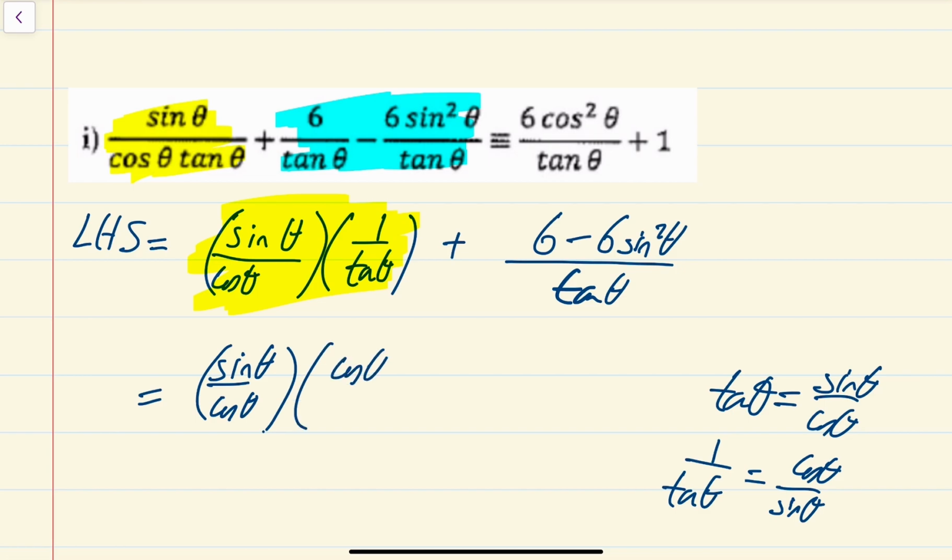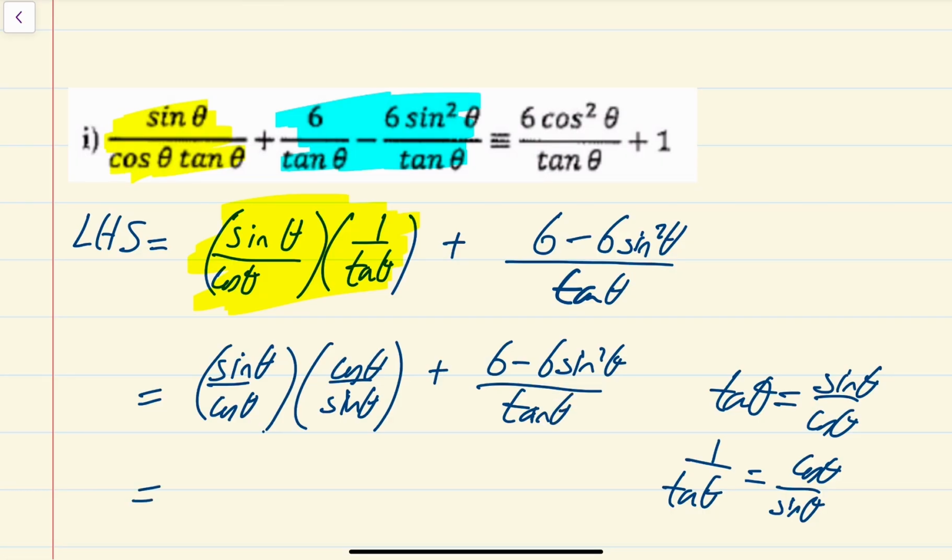Here, sine and the sine cancel out, cos and the cos cancel out, and that just leaves you 1 over 1 times 1 over 1, which is just 1. Now leave this alone. This is sacred because you've got a 1 in your answer, so you don't want to be messing about with that 1. So we've just got this next bit to sort out.